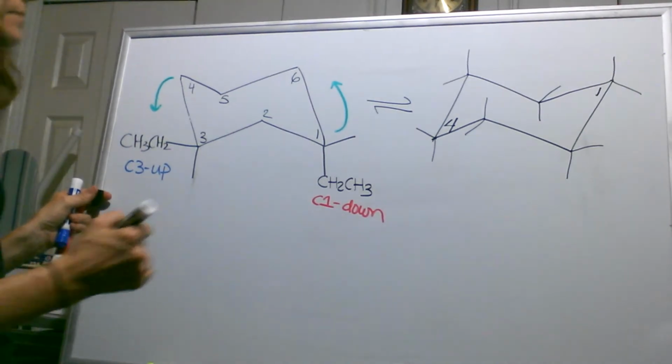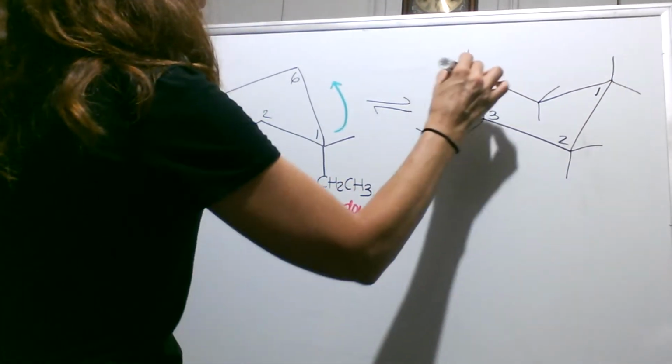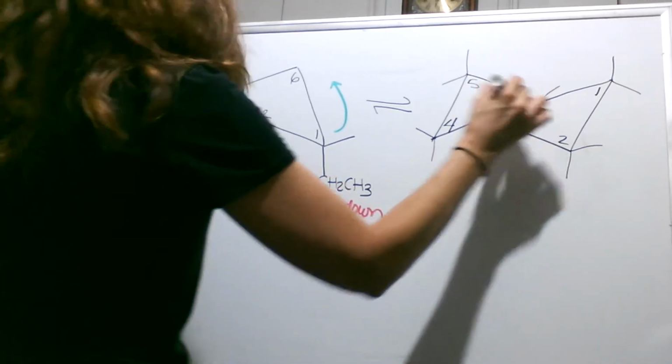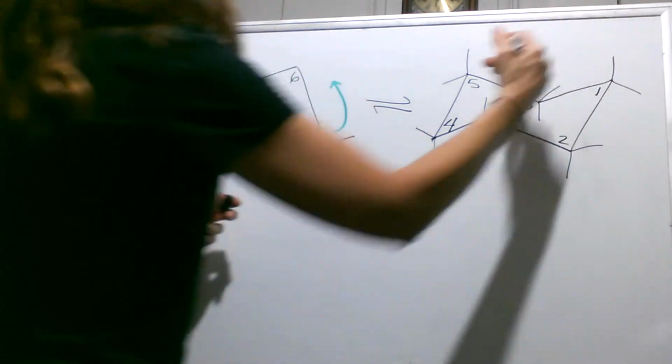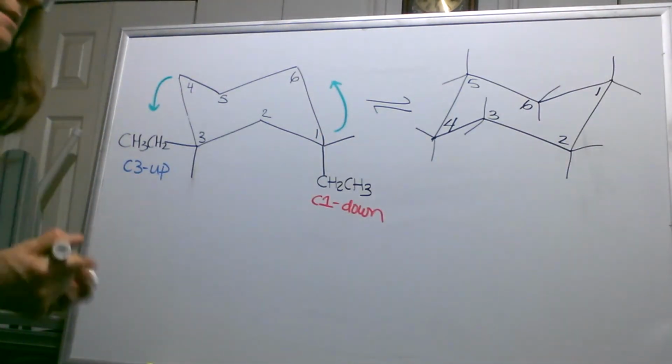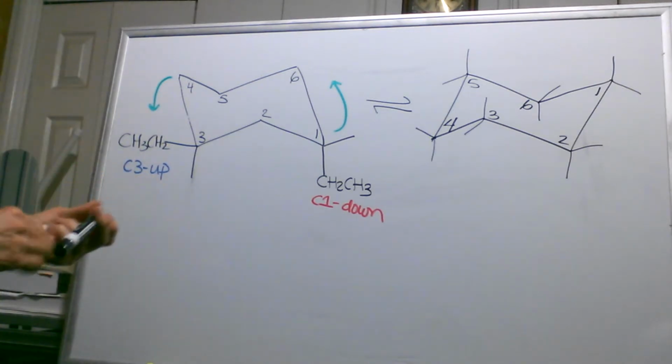So everything is shifted by 1. So this is 1, 2, 3, 4, 5, 6. So everything is just shifted in this direction by 1 position. And that is consistent with what we saw before. It's just going in the reverse fashion.